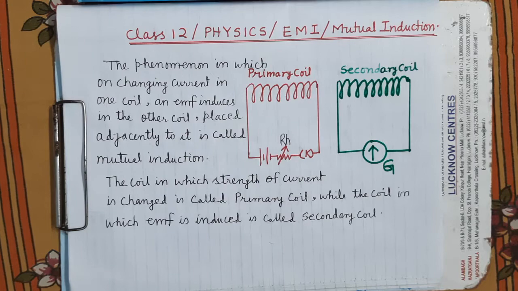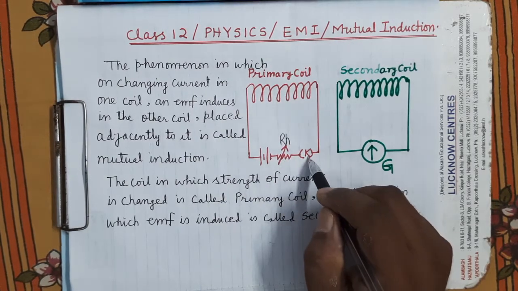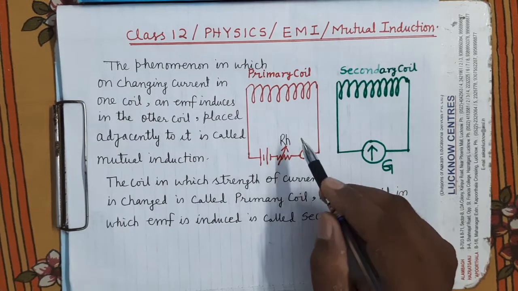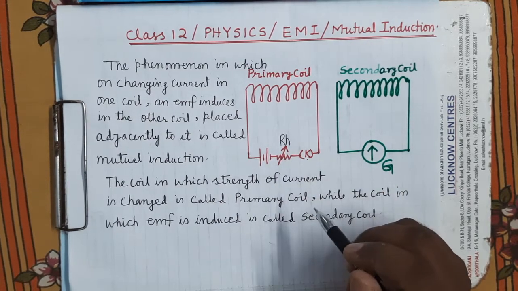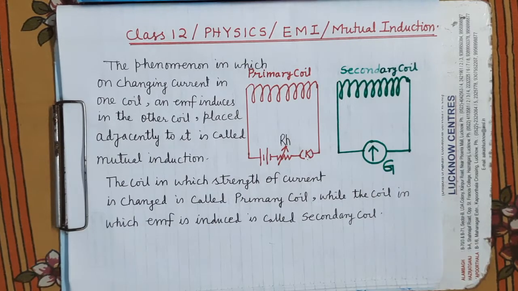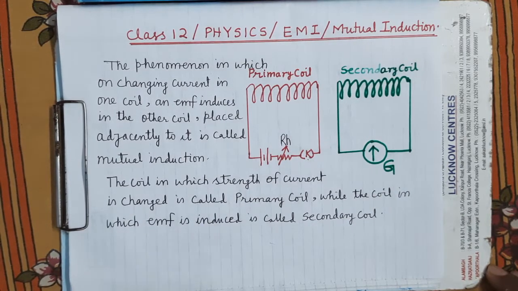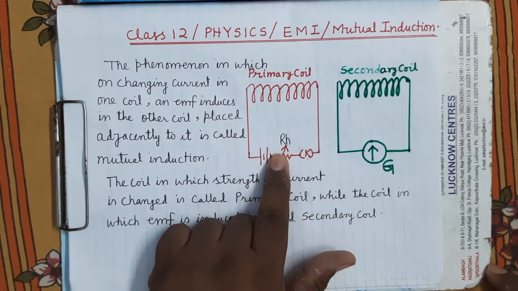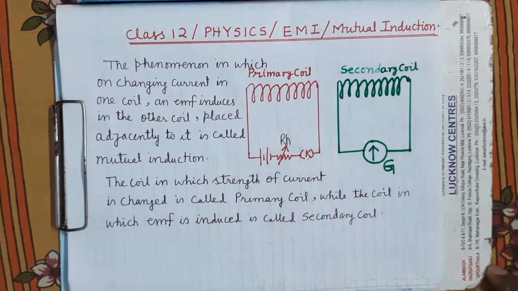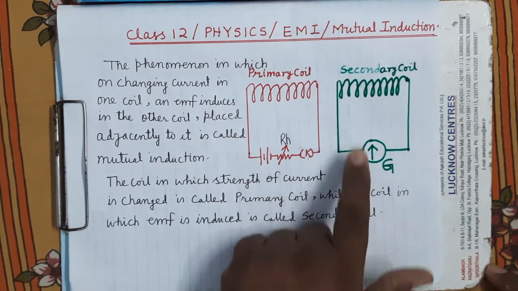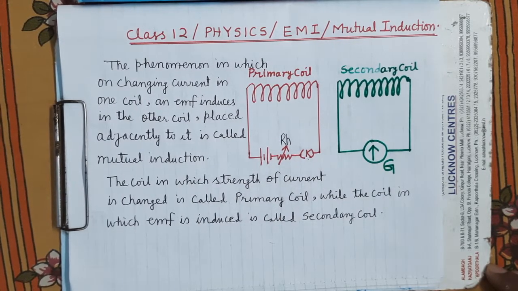But it was observed that if we switch on the current, or switch off the current, or vary the strength of the current, then the galvanometer shows deflection. When current is switched on in this coil, or switched off, or its strength is varied, then some current is induced in the other coil.